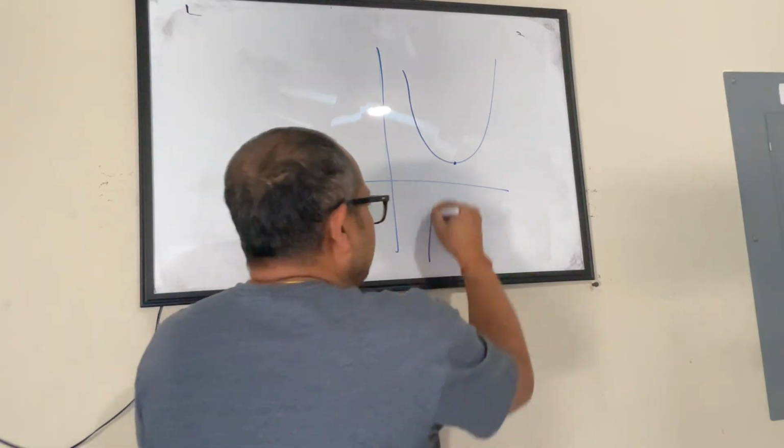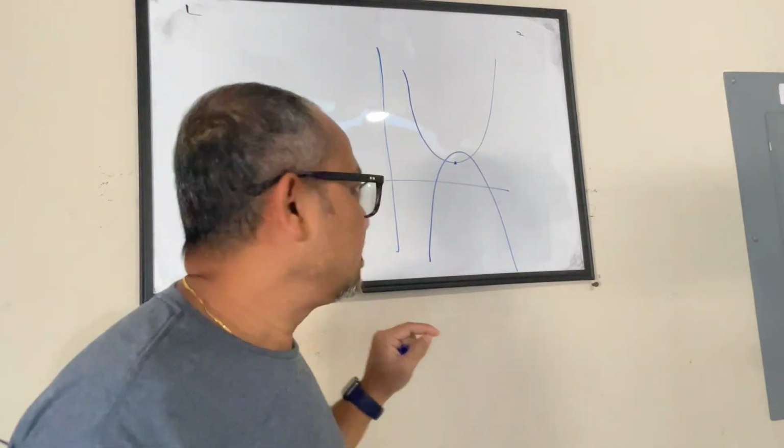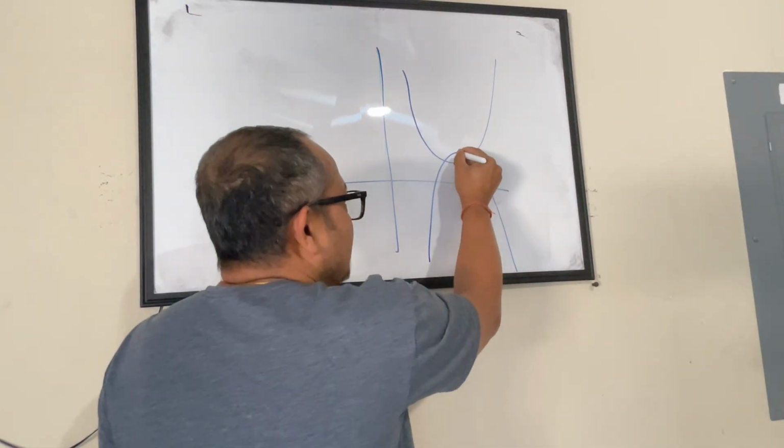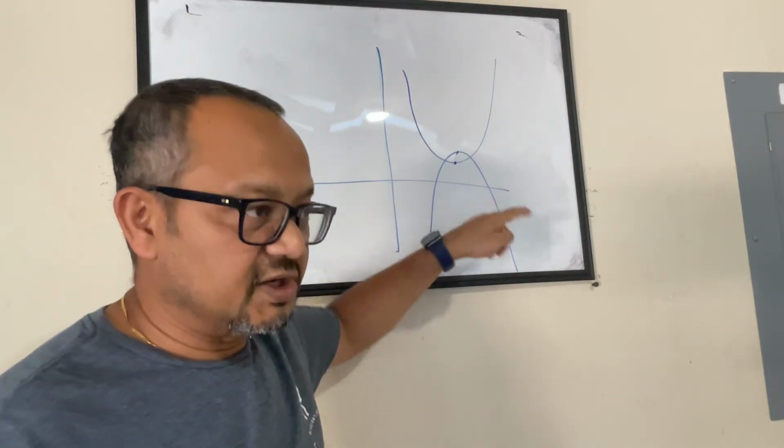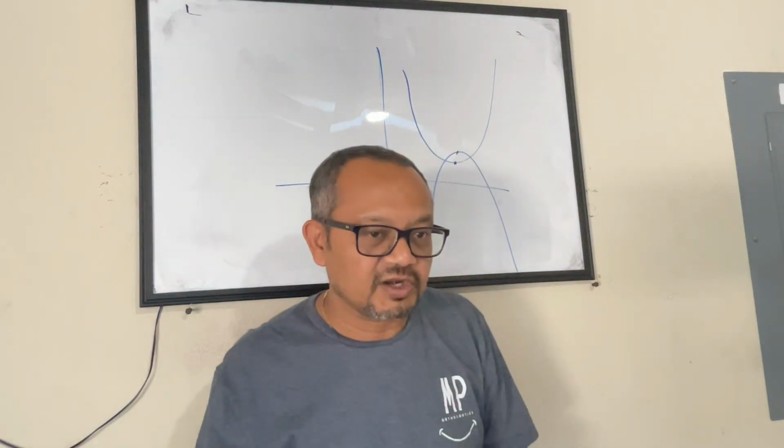If the parabola is facing upside down, then this is the highest point and that is called the vertex. So highest or lowest point of the parabola is called vertex. That's what you're saying. Okay.